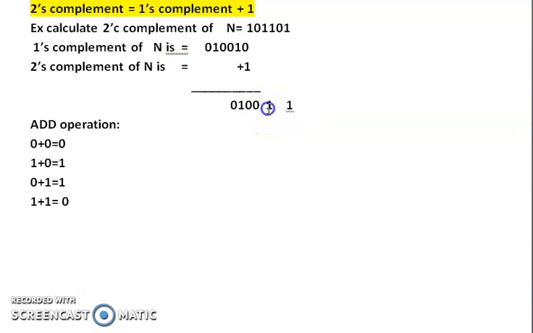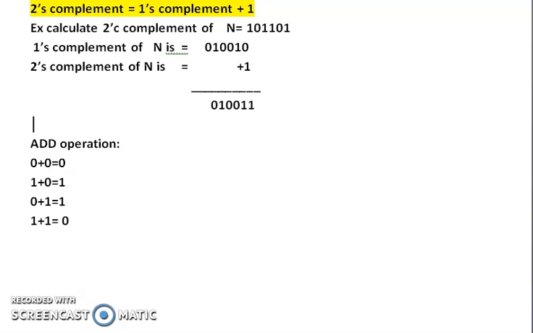So it is the number. After adding, you get the 2's complement value. So the 2's complement of our number is 0, 0, 1, 0, 0, 1, 1. It is called the 2's complement value.